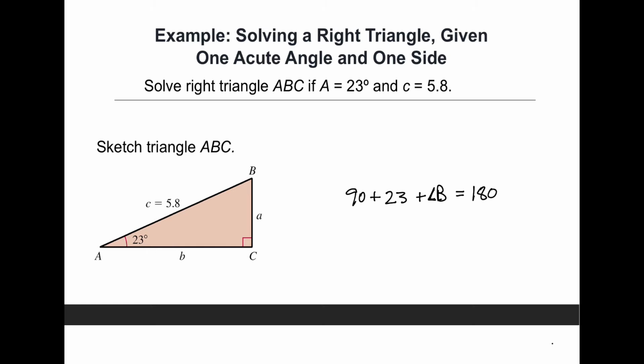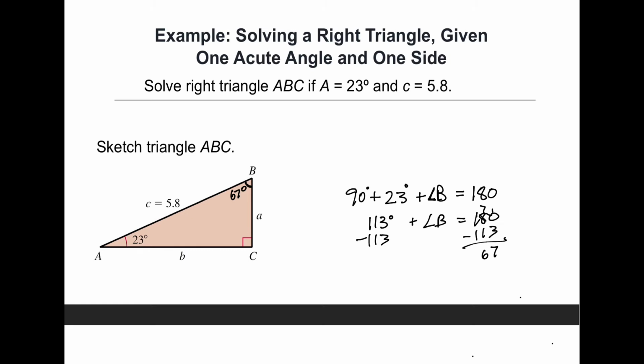Should equal 180. All angles added up in any triangle should always equal 180 degrees. So combining these together, this is 113 degrees plus angle B, and that's still equal to 180. So if I subtract 113 from 180, that gives me 67 degrees. So angle B is, we know, 67 degrees.